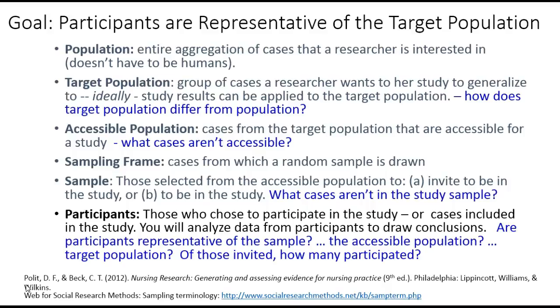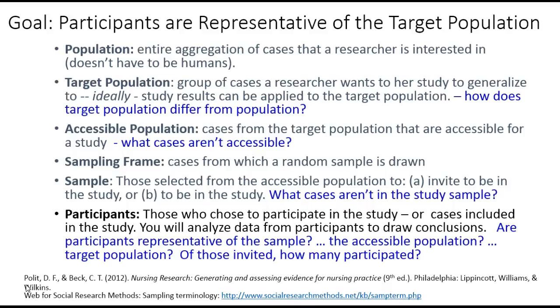So you have to pay attention to that also when you look at the articles you're reading, in terms of what is their target population. And then they usually won't tell you these details about the accessible population. That's often typically not described in a study. They will tell you the sampling methods they used, so pay attention to that. Did they use random sampling or a convenience sample?